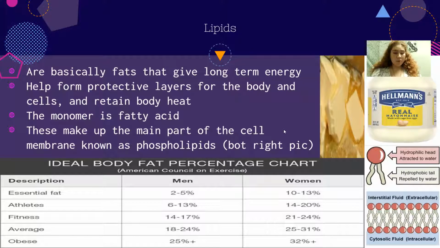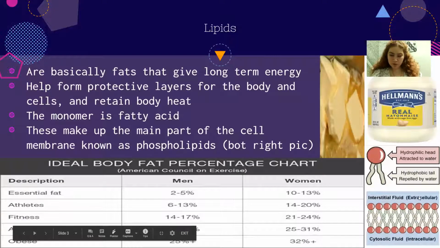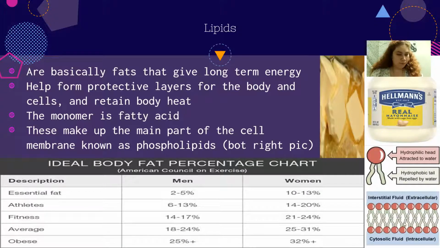So they make up the main parts of the cell membrane known as phospholipids, and that's what these are. This is the general structure of the cell membrane, and that fatty section in the middle made up of those tails, those fatty acid tails, that's what makes the flexibility of the cell membrane happen.